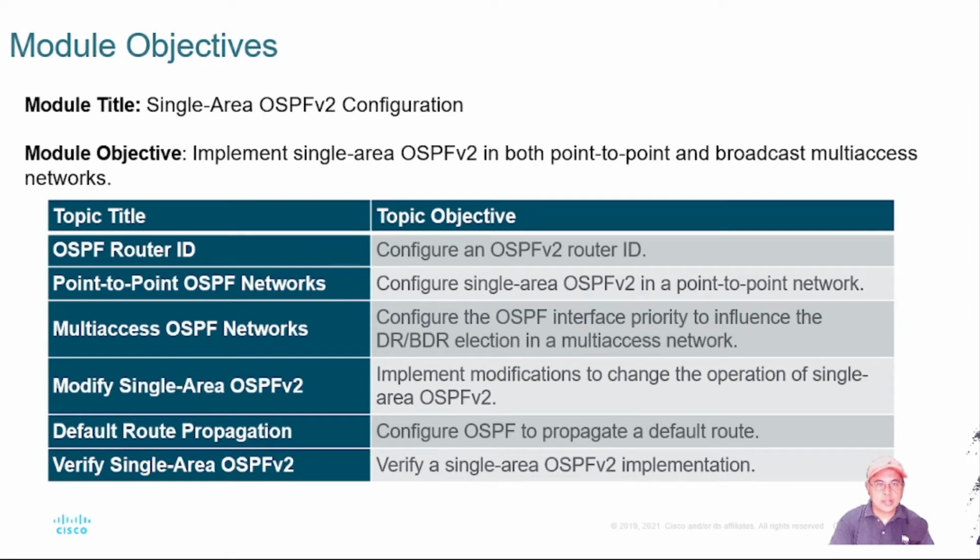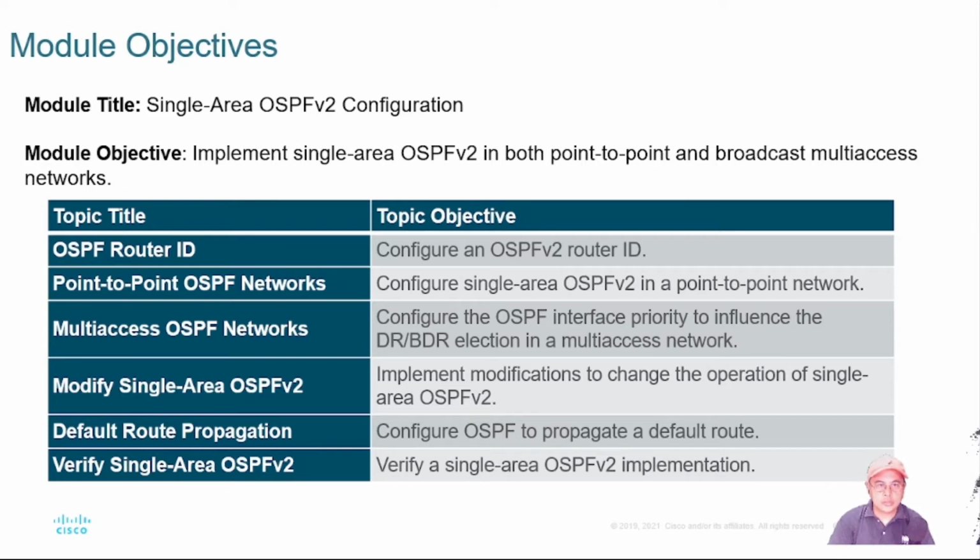So the module title is Single Area OSPF version 2 configuration. The objective of this module is to implement the Single Area OSPF version 2 in both point-to-point and broadcast multi-access networks. The subtopics of this module are OSPF router ID.